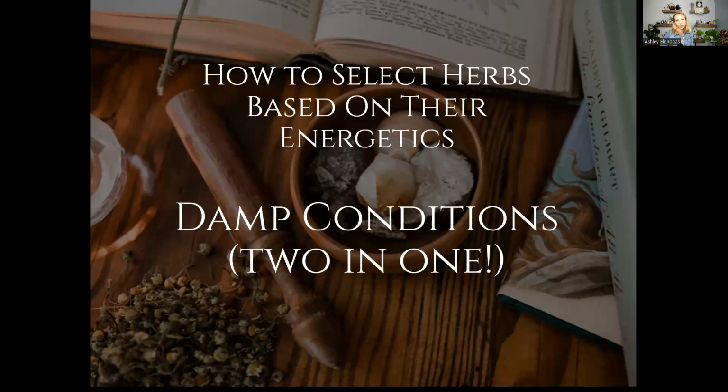So today is 2-in-1 because damp, unlike the other energetics we'll be talking about, actually has 2 parts. And this comes from the ancient method of looking at the 4 main qualities: hot, cold, damp, and dry.